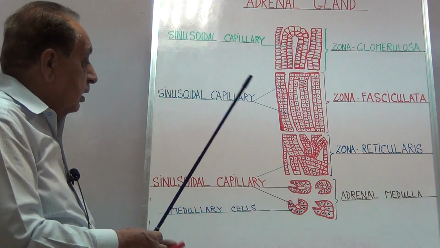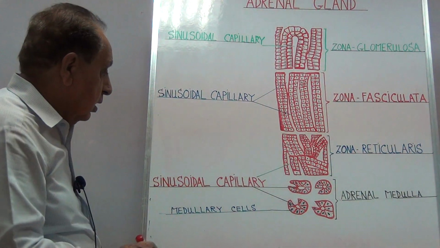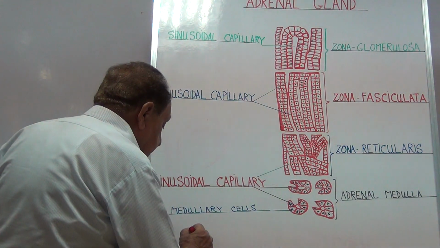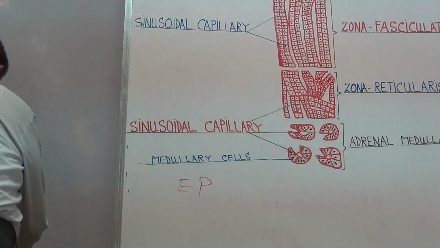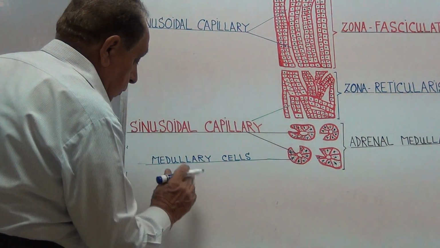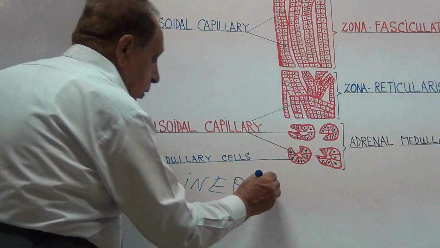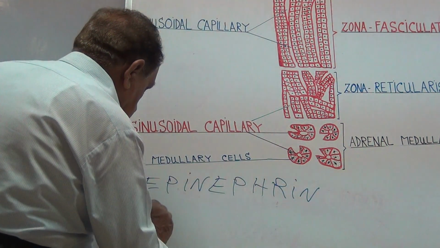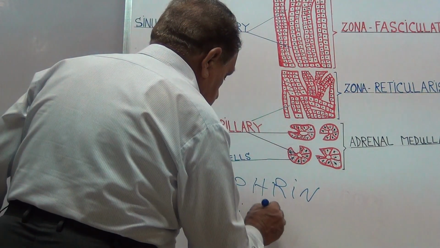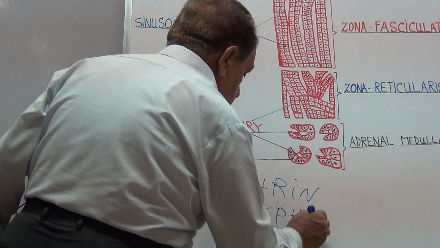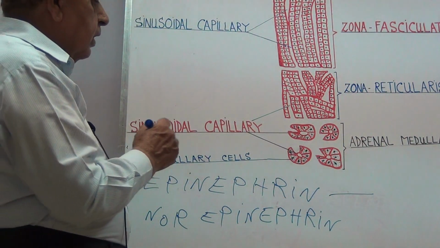These cells secrete catecholamines, norepinephrine and epinephrine, also called adrenaline and noradrenaline.